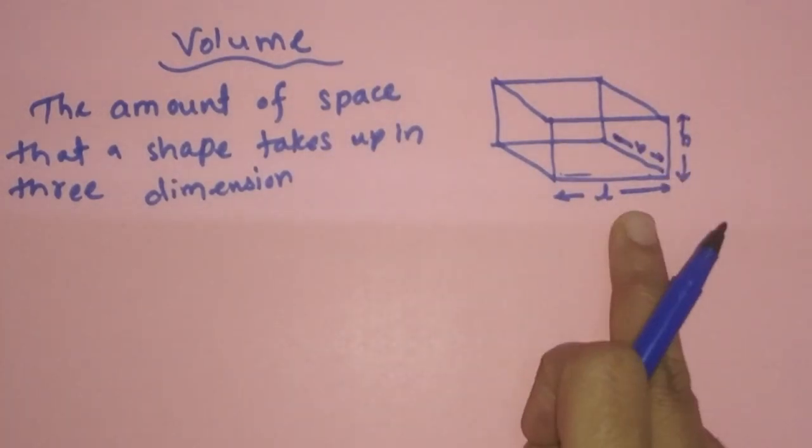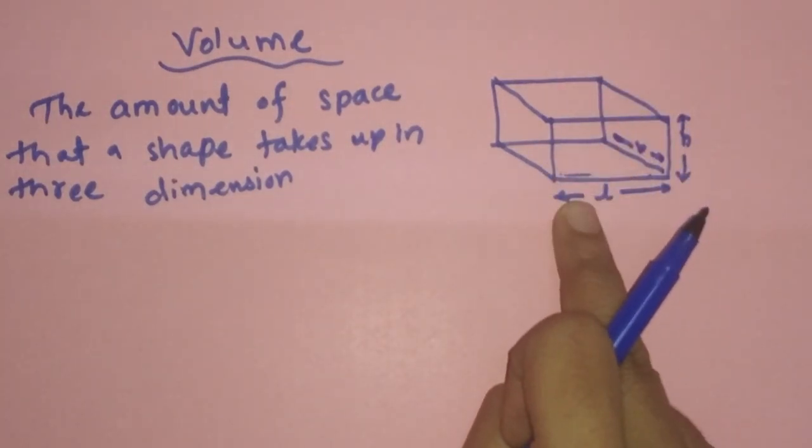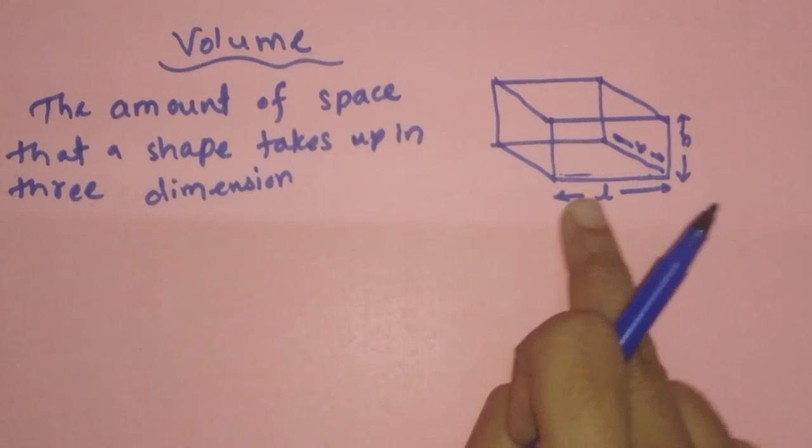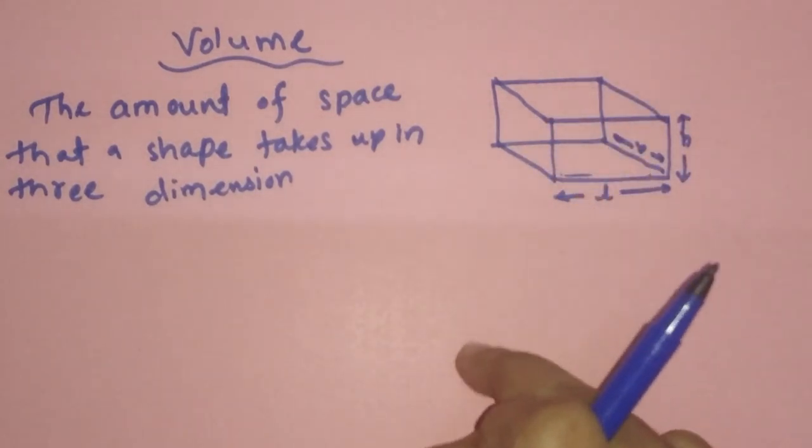So volume is the amount of space that a shape takes up in 3 dimensions. And you can see it is inside this hollow 3-dimensional shape, its capacity.